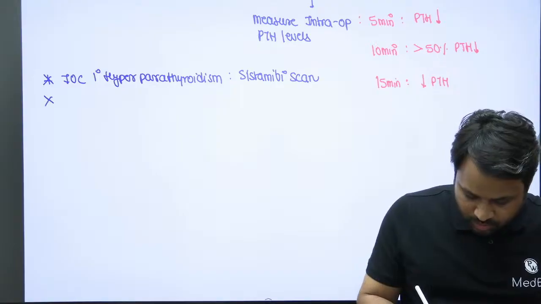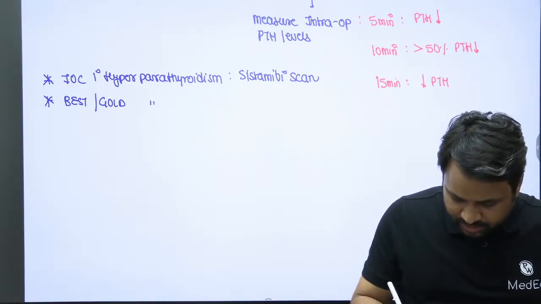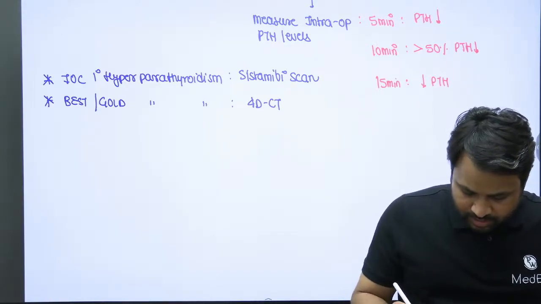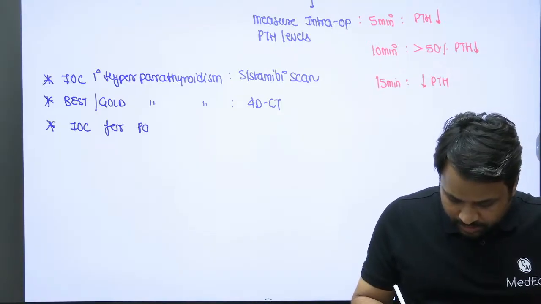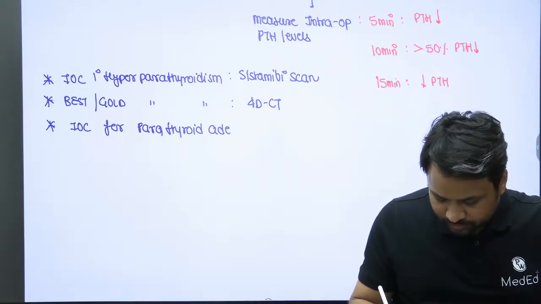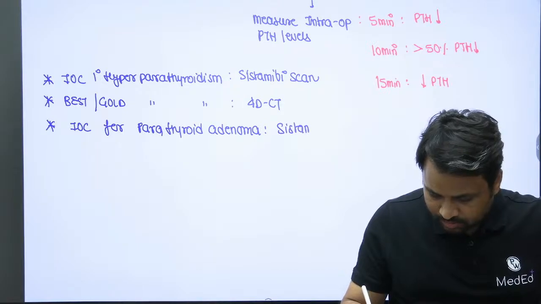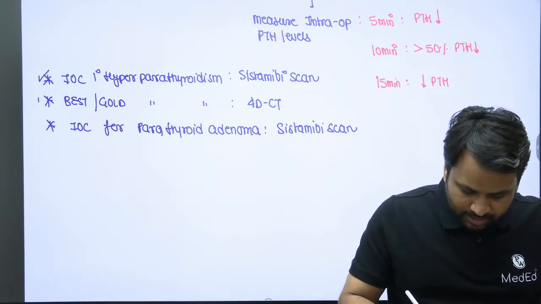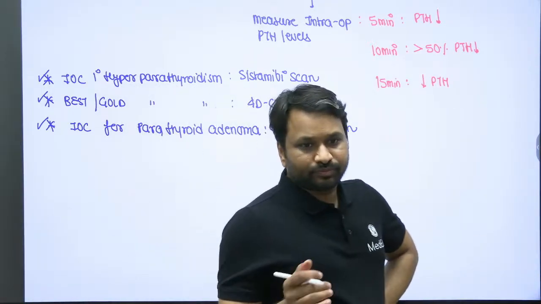If they ask you what is the best or the gold standard investigation, the answer is going to be 4D CT. Same thing, they'll ask you the investigation of choice for parathyroid adenoma. For the parathyroid adenoma, the answer is the same, the sestamibi. The same thing is going to be validated again and again. Okay.